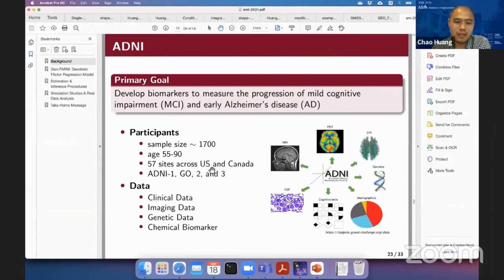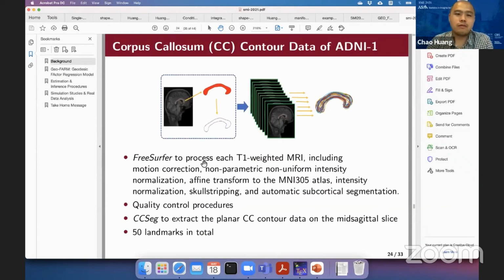So this is for the ADNI data. We are interested in the 2D corpus callosum contour data. We use FreeSurfer to pre-process each T1-weighted MRI, and then do some quality control procedures to remove some bad cases.